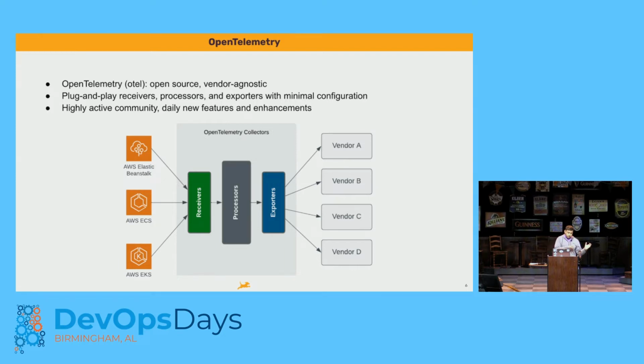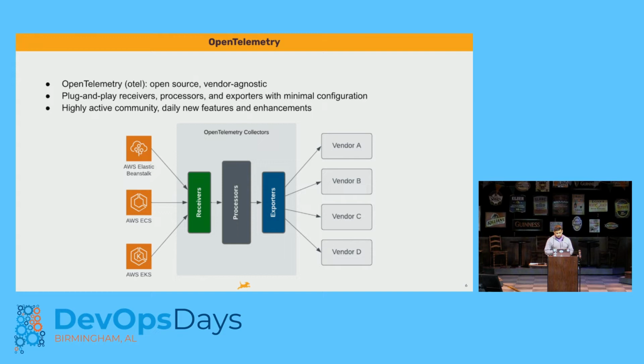So you're collecting telemetry data with these receivers inside of your OpenTelemetry collector. You have processors that do processing of the data, and then you have your exporters, which is where the vendor-specific portion comes in.